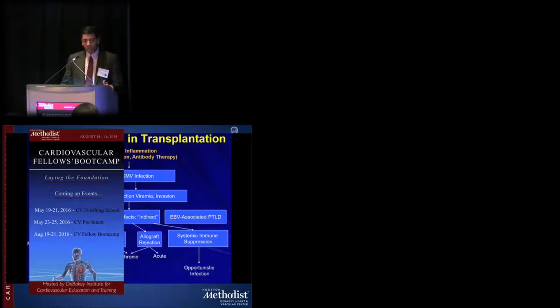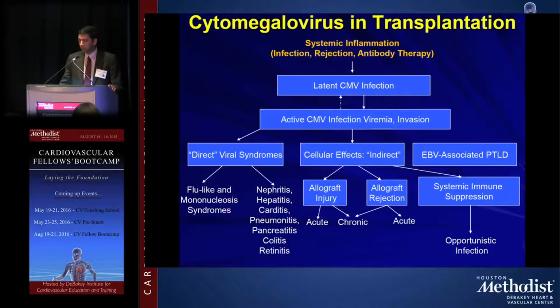A lot of times, these patients have vague symptoms or are asymptomatic, mainly coming in with flu-like symptoms, mononucleosis-like syndromes, and a lot of GI-related symptoms. We screen for this using CMV PCR and treat it even if they are only vaguely symptomatic.